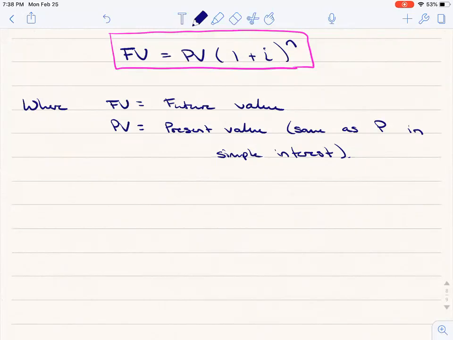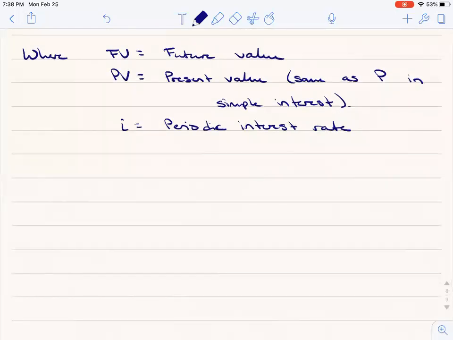And then we have 1 plus I. I is the periodic interest rate. And just as a side note here, I is R over F, and that's on your formula sheet. So we have to calculate that before we can do any calculations.